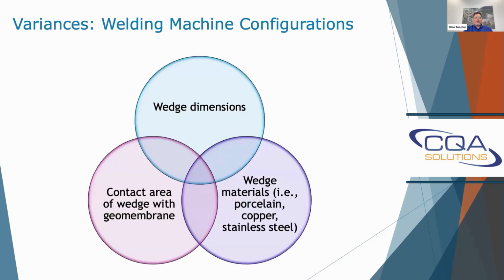So there are variances in the welding machine configurations, and that's where I believe the geomembrane manufacturer should actually work with welding machine manufacturers. There are differences in wedge dimensions and wedge materials. You have porcelain, copper, stainless steel. Your contact area, the wedge with the geomembrane, can vary depending on the machine and configuration.